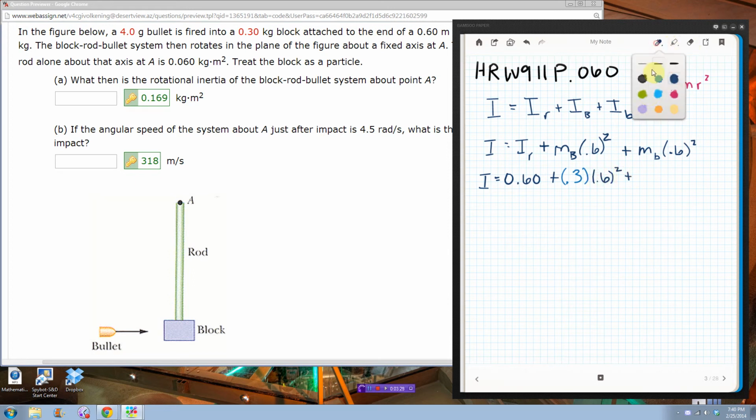And then the mass of the bullet for me, I've got 4 grams. I have to turn that into kilograms, so that's 0.004 kilograms, and then the radius that it's away. Okay, I add those all together, put that in a calculator, and I get 0.16944.